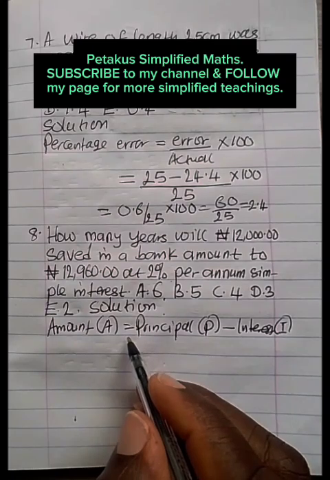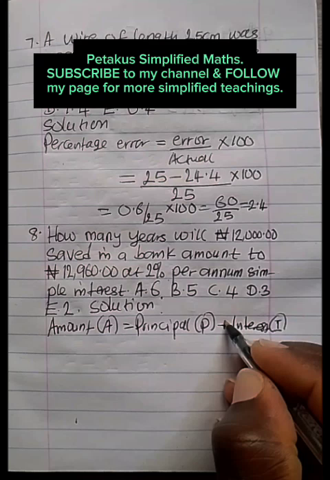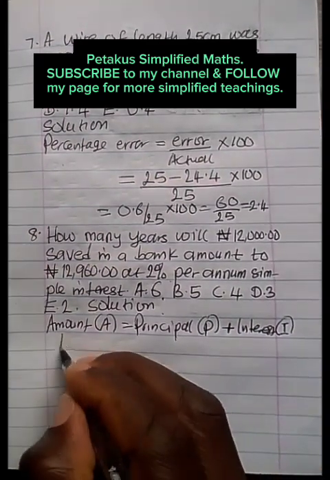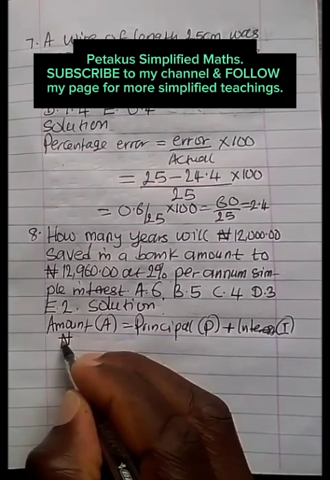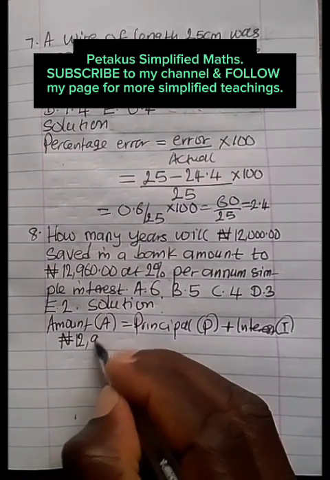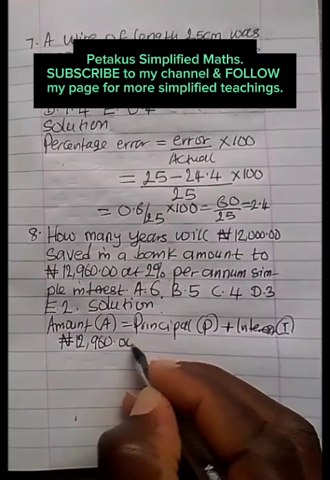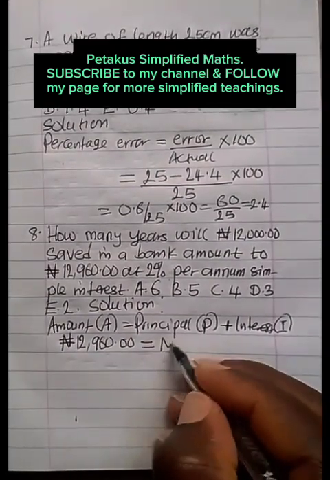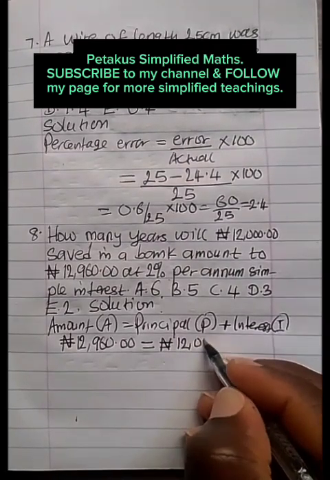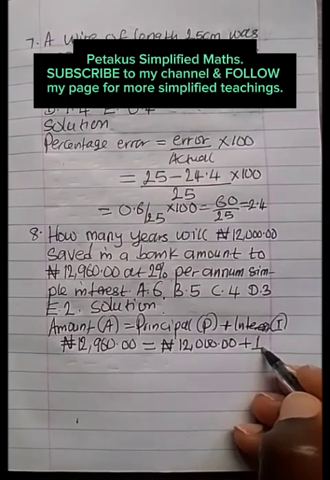amount A equals principal plus interest I. The amount is 12,960 naira, equal to the principal, 12,000 naira, plus interest.